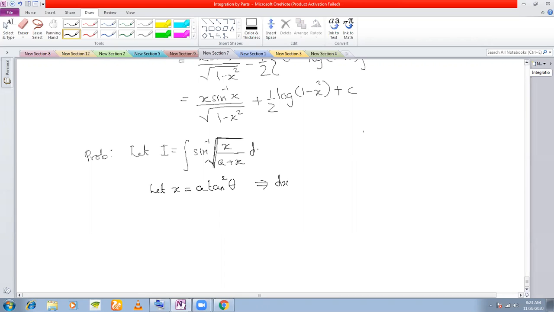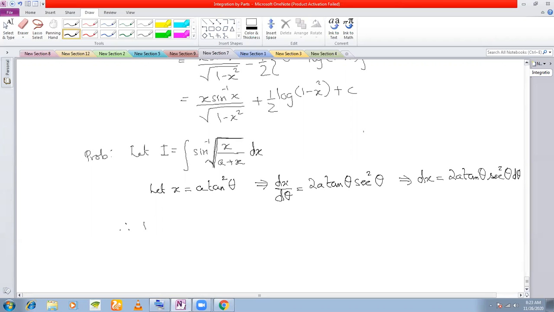We get dx d theta. If you differentiate this, a is a constant, so 2a tan theta into d by d theta of tan theta, which is sec square theta, right? That means dx is 2a tan theta sec square theta d theta. Now you put it.